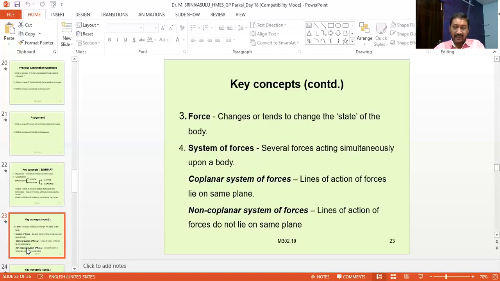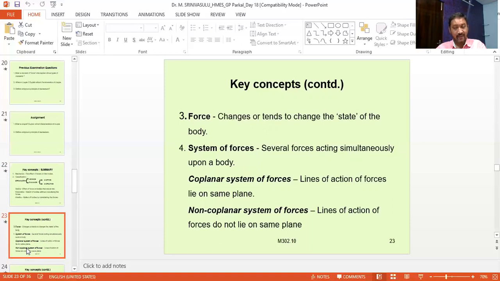And if the force is applied to a body in the opposite direction of the motion, then it will reduce the velocity. It will produce retardation, that is, negative acceleration in the body.